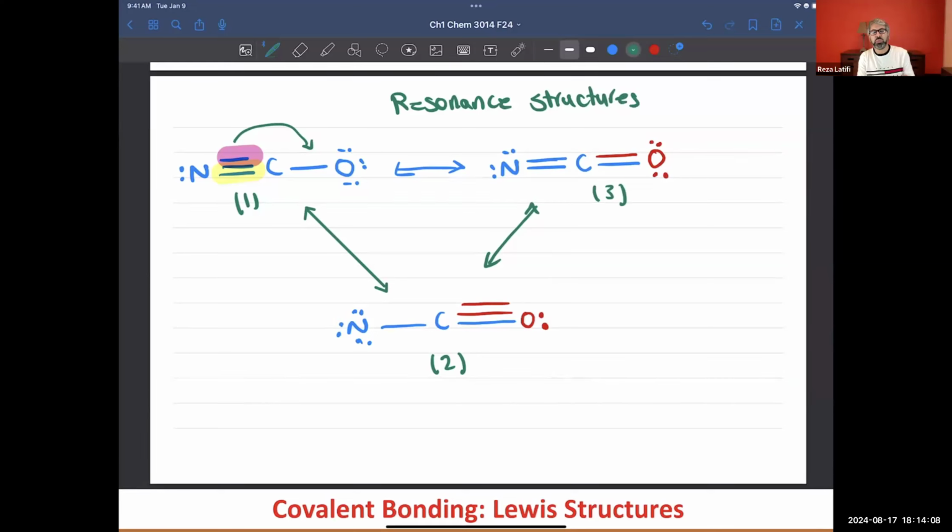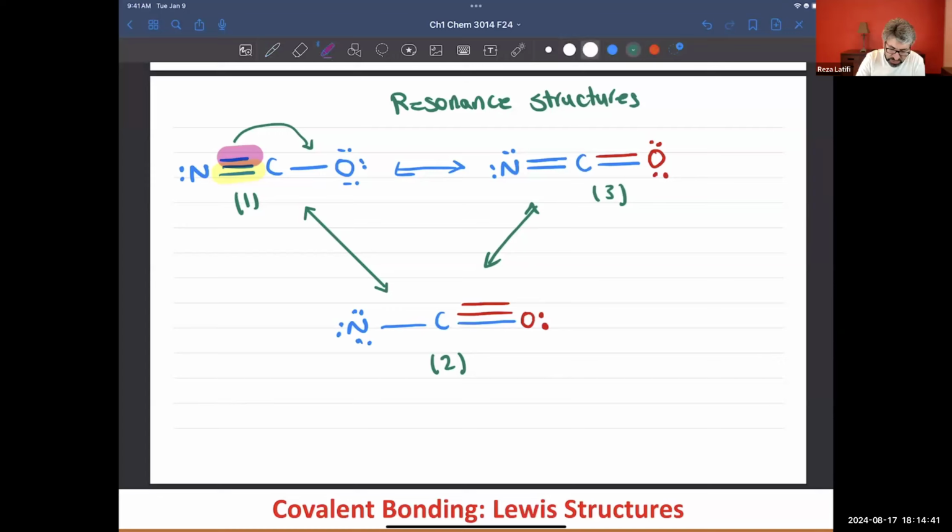What's the meaning of resonance? Resonance means the electrons can move, from a bond between 2 elements to different positions. If you move the electrons from the nitrogen-carbon bond to the carbon-oxygen bond, we say the electrons resonate to a different position. So resonance here means you change the position of the electrons.